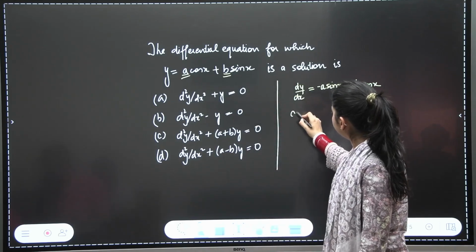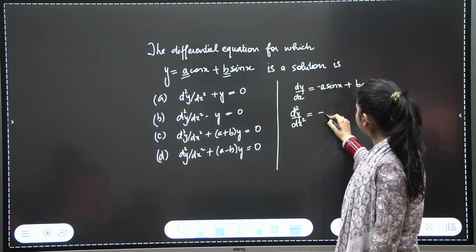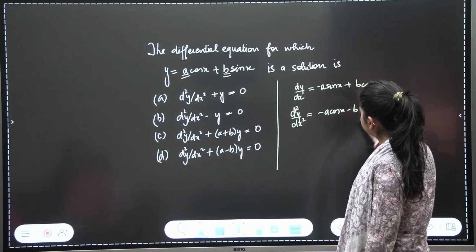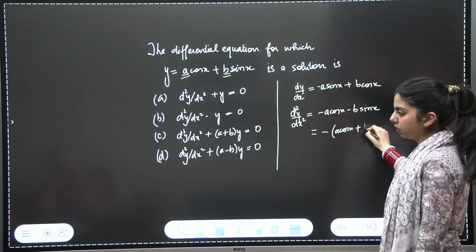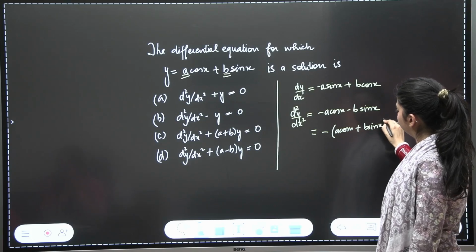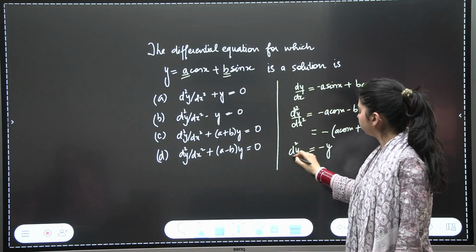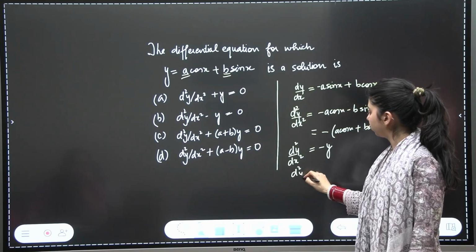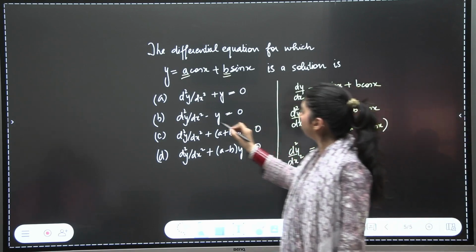So I get d square y by dx square equals minus a cos x minus b sin x. This is quite easy. Take minus common and you get a cos x plus b sin x, which is your function y itself. You get d square y by dx square equals minus y, or simply d square y by dx square plus y equals 0, which is the first option.